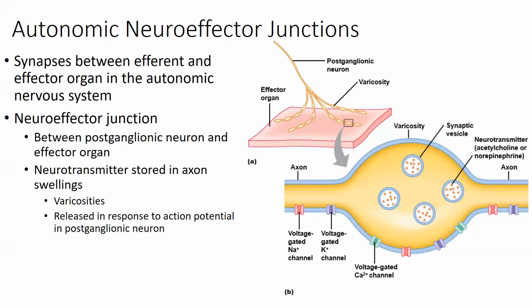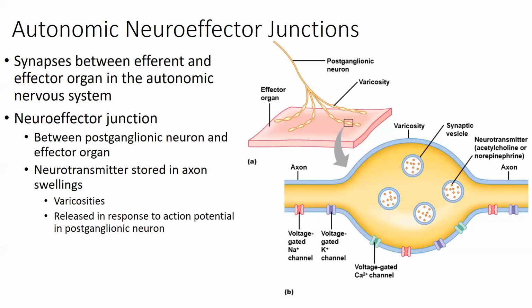It would be norepinephrine, right? Postganglionic neurons of the sympathetic system release norepinephrine. But if this were a postganglionic neuron in the parasympathetic system, what would this neurotransmitter be? Acetylcholine, okay?